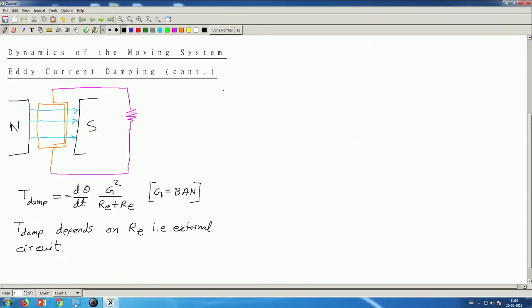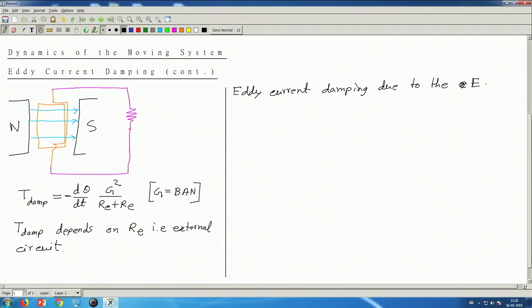So we will now consider a small variation of this scheme, which is eddy current damping due to the eddy current in the former or frame of the coil.